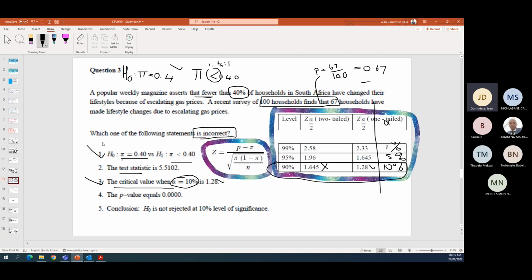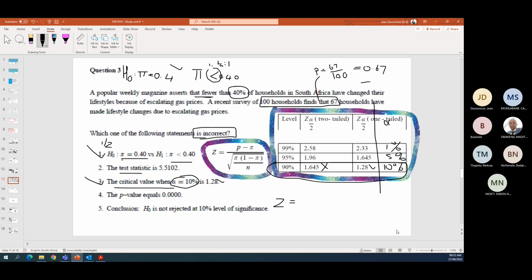So I would look for one or two tail first, then I would look for the hypothesis somewhere, then I would look for the critical value. Yes, if all three of them are correct, then you go into more detail, but I won't start with a T-stat that I need to calculate first, because again, it does take time. Even if we use Excel, it does take time.